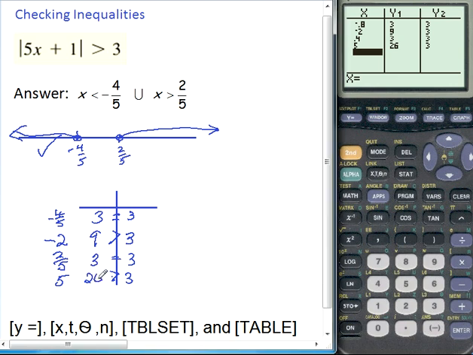When you put 5 in there, you get the absolute value of the number is 26, and 26 is greater than 3. So everything checks. In particular, we have the right boundary points, and we have the right parts of the number line shaded. And so that is the way you do a check for an absolute value inequality.